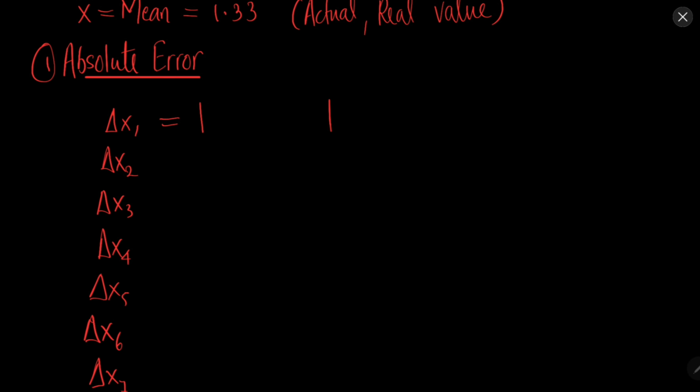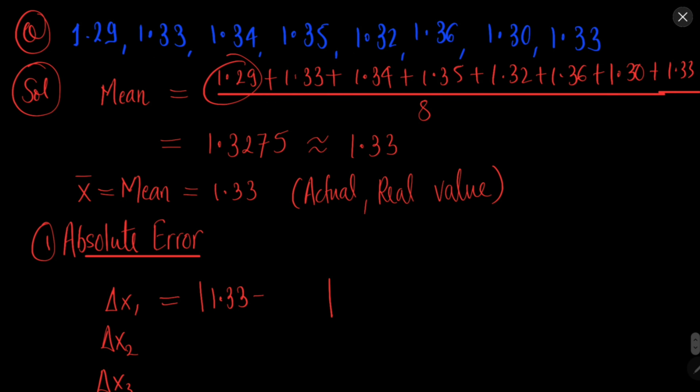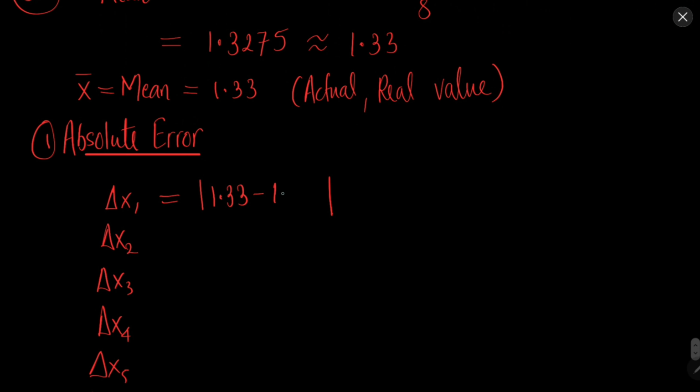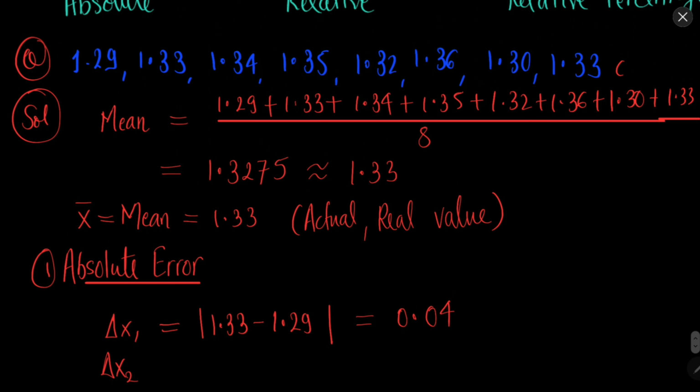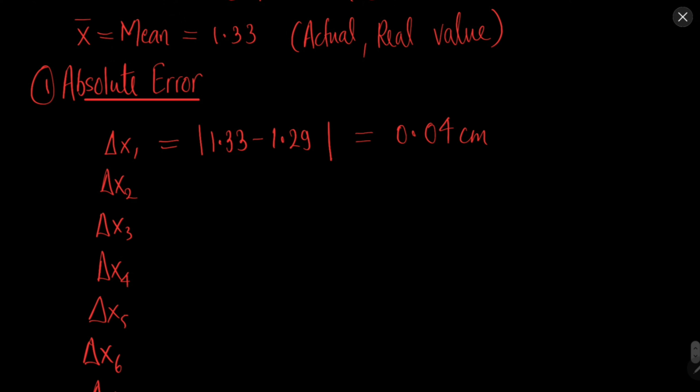Okay, so that we just need to keep in mind that how much is it different. It does not matter whether this is positive or negative. So first 1.3, it is our mean value. So we subtracted it with the first measurement, that is 1.29. So the first measurement is off by how much? 0.04. It is off by this much centimeter. All these values are in centimeter. So this is off by this much centimeter, first measurement.